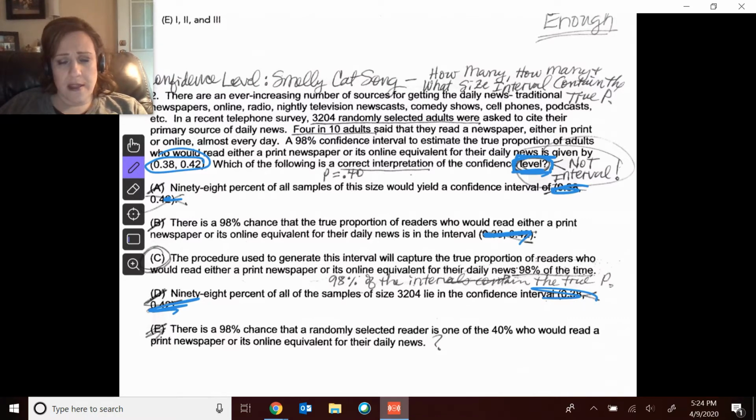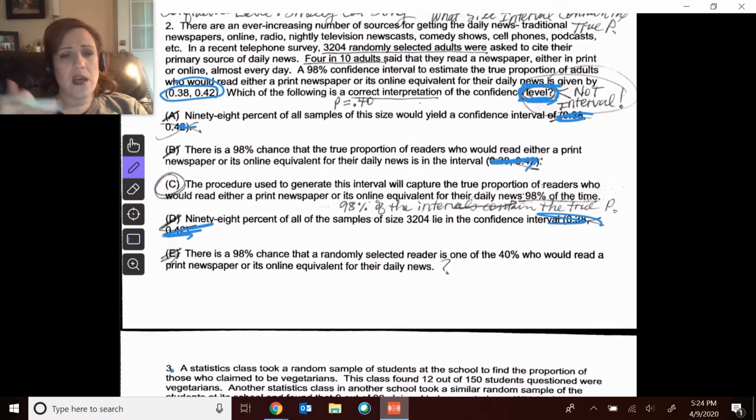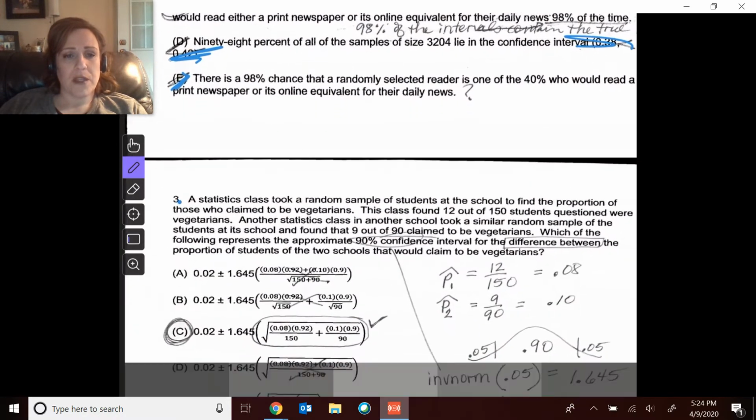And so that ends up being C. 98% of the intervals of this type, the 98% intervals, will contain the true P. Here it says 98% chance of reader. I don't even know what that's going for. That one's just totally off the mark.